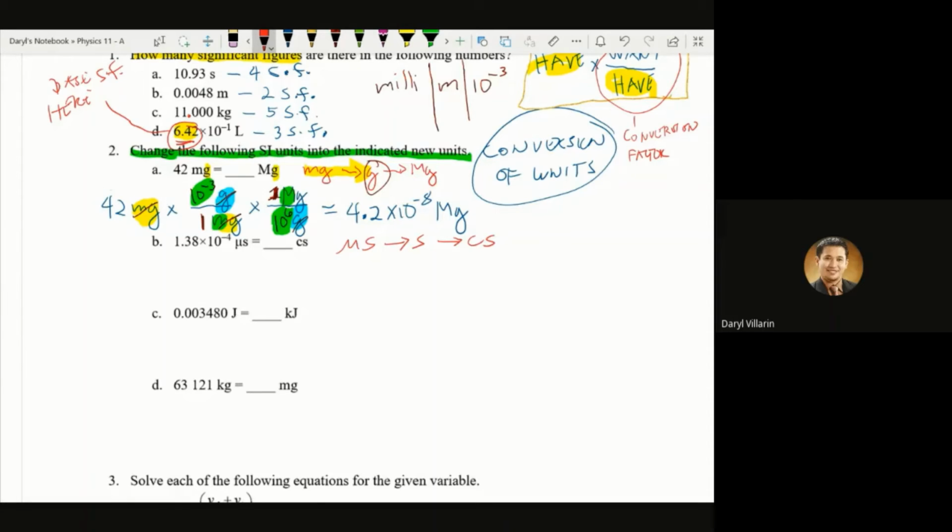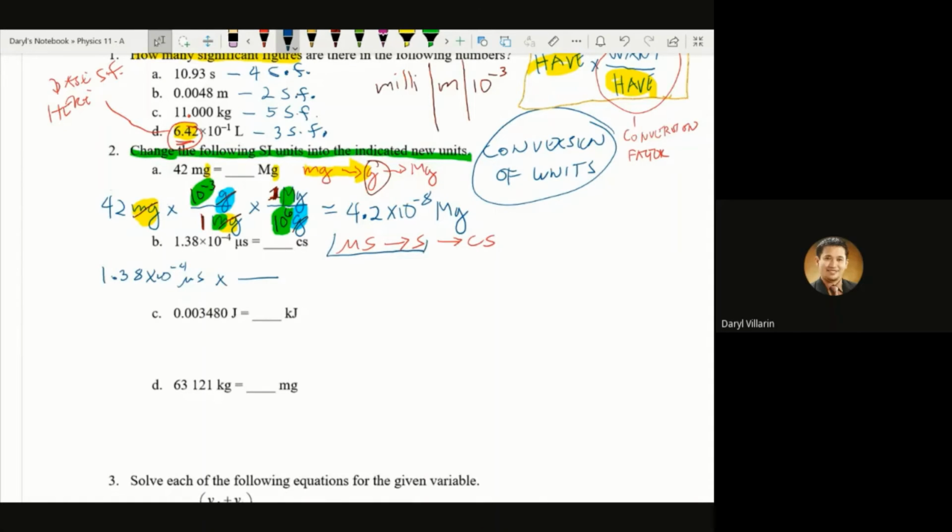Okay, so now I'm going to start with my given. It's 1.38 times 10 to the power of negative 4 microsecond. Now the first step is from micro to second.